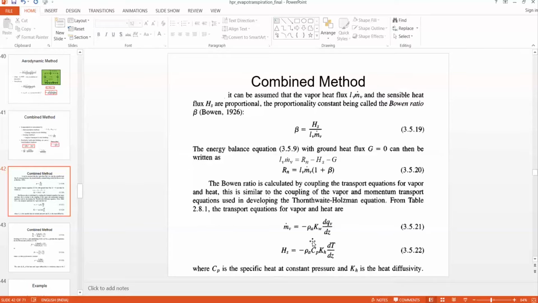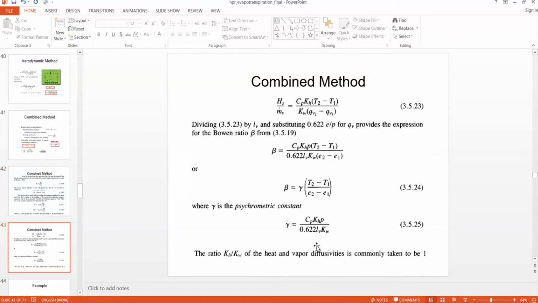By taking the ratio of these two equations, we can get Hs by MV dot is equal to Cp kh (T2 minus T1) by kW (qV2 minus qV1). We can write this specific humidity as 0.622 E by P. Then we can get this equation.